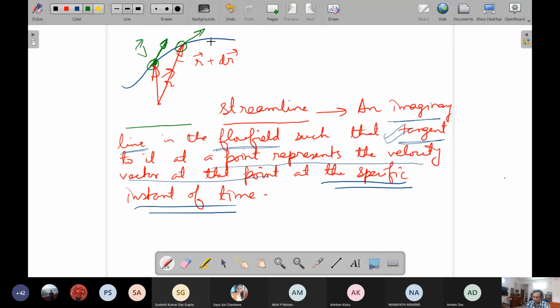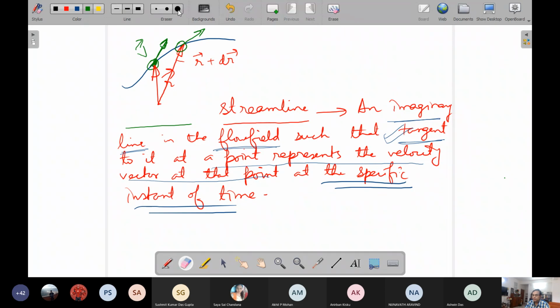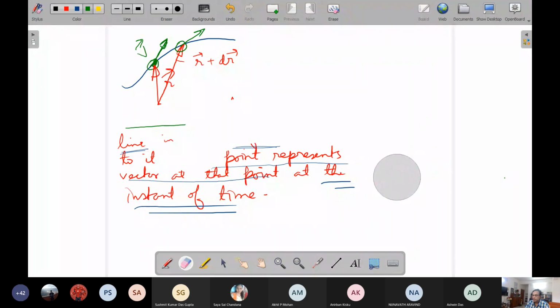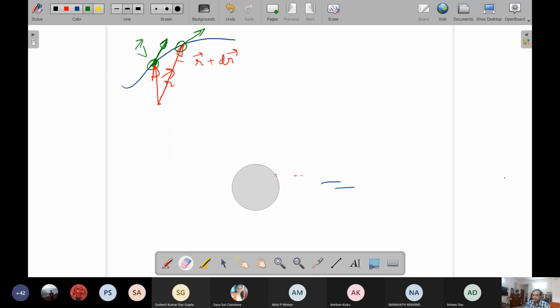So in this way, at different instants of time, at different positions at the same instant of time, you will get different velocity vectors as represented by the velocity at those points by which the streamline is passing.